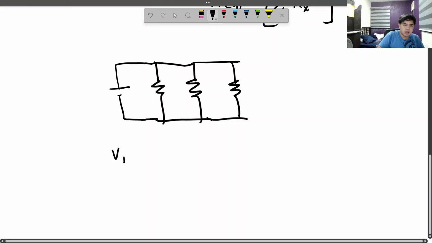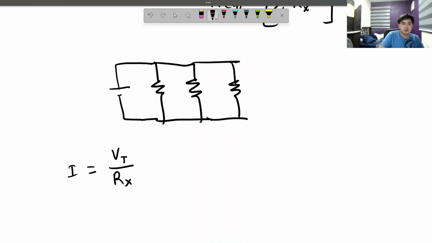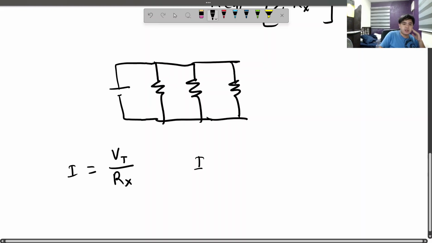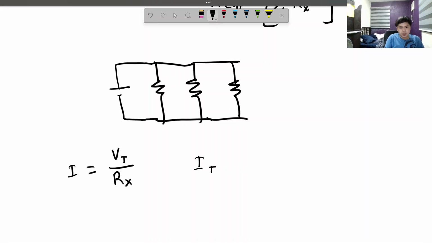So V total over R_x must be the current we are looking for. But what if we're given just the voltage or just the current? For example, we're given the current I total, but we're not given V_T, or we're only given the resistances and the current. How do we do a divider law, like the voltage divider law?